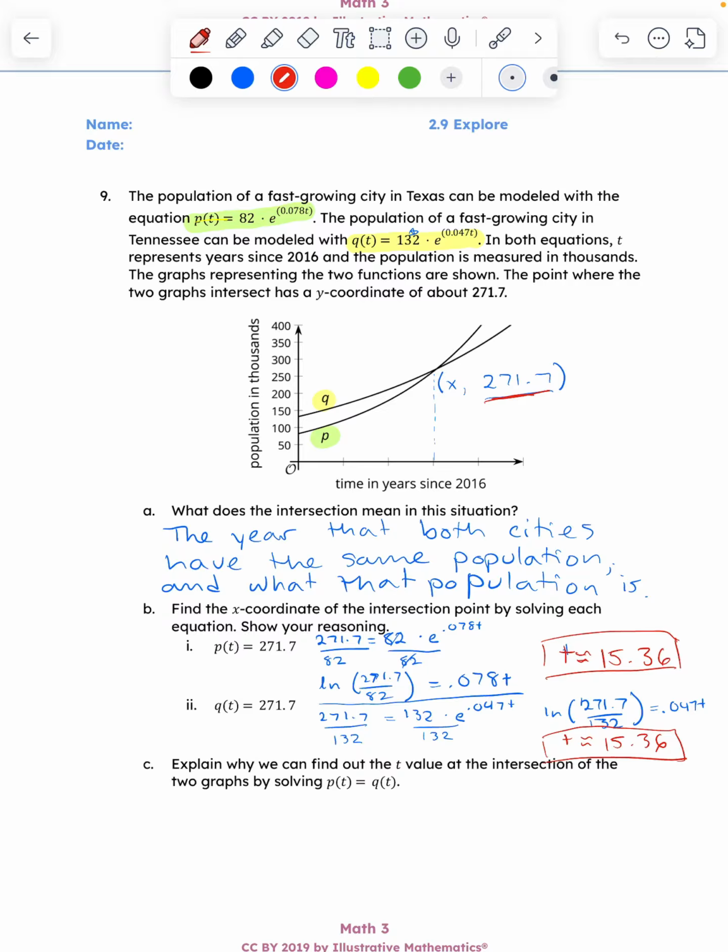So then here's a fun question. How could we, or why can we, find out what that t-value would be by, instead of solving either of these equations, solving the equation p of t equals q of t?